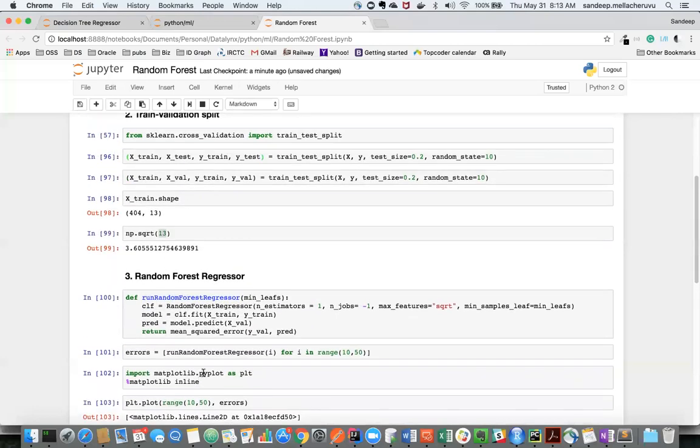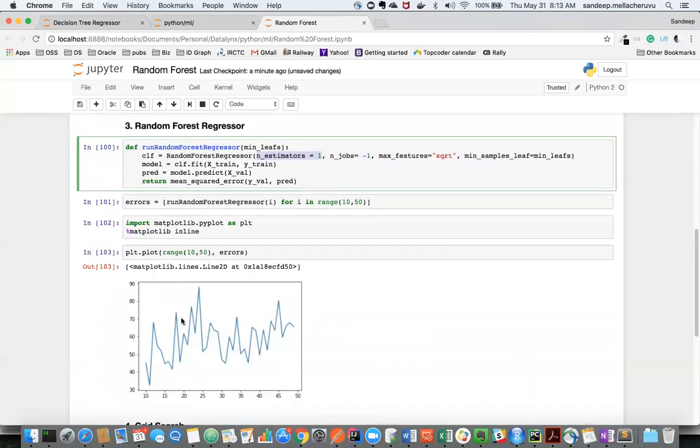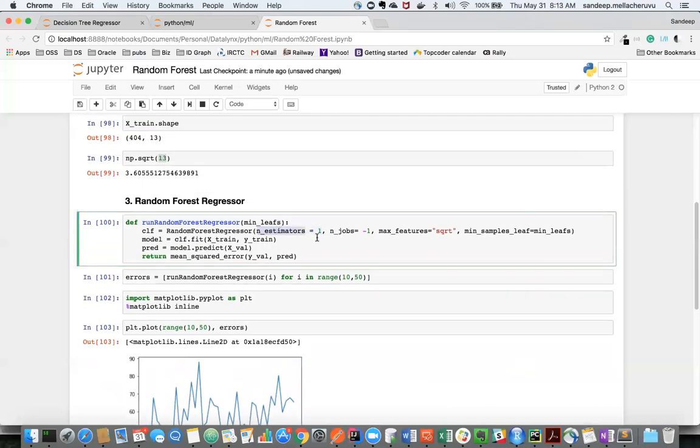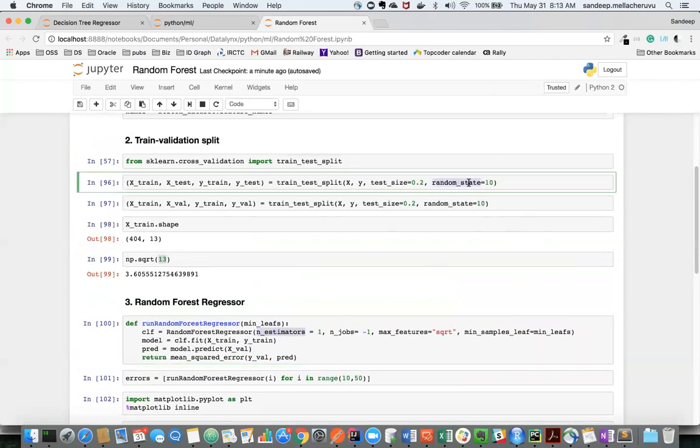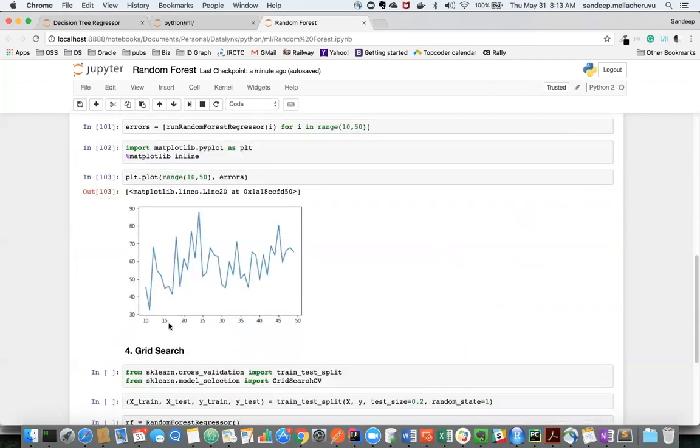So this means when number of estimators equal to 1, for different random states, the variance is more. What I want you to try out is different numbers of estimators from low to high, maybe 1, 10, 100. If the random state is changing, what is the variance in the errors?